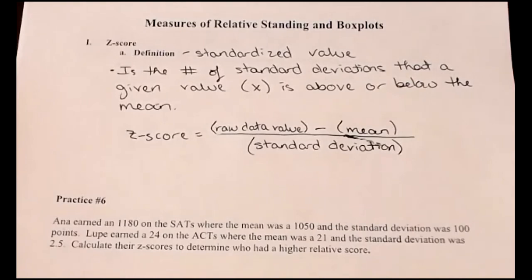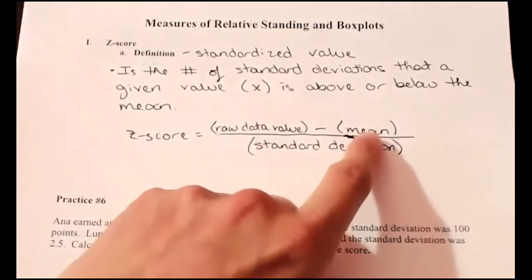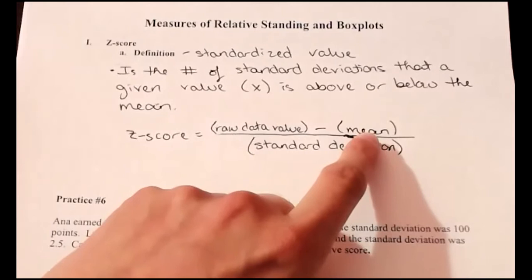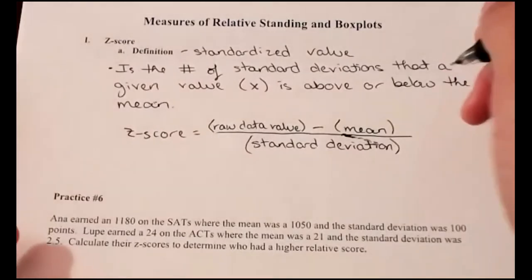Quick question: for a sample, what's the notation for mean? Yeah, what's the symbol for the mean for a sample? Is it the squiggly line thing? Oh no, not mu. X bar. Yes, the mean for a sample is X bar.